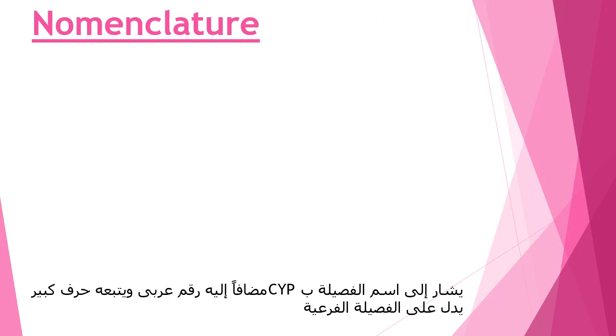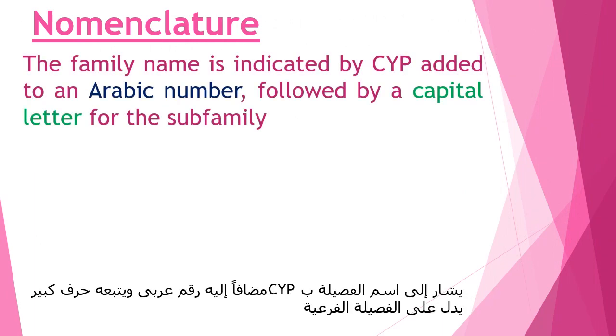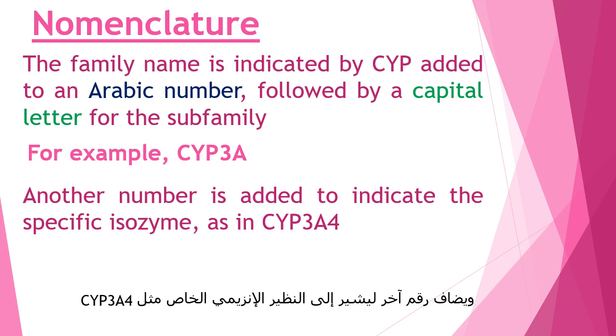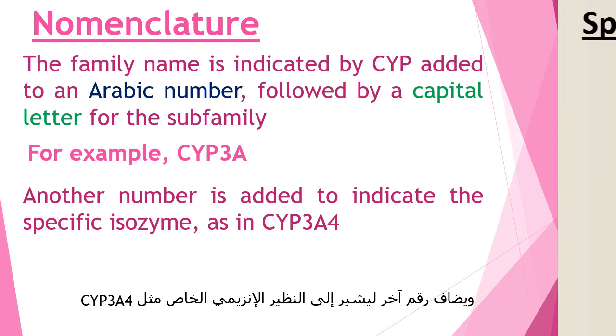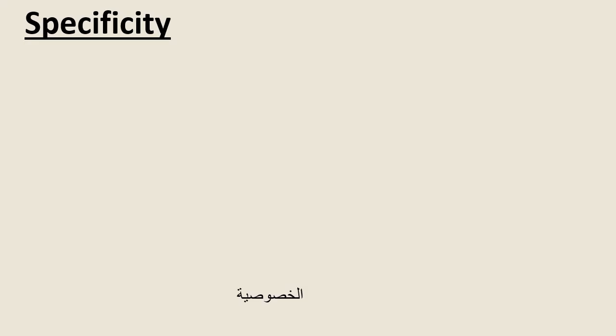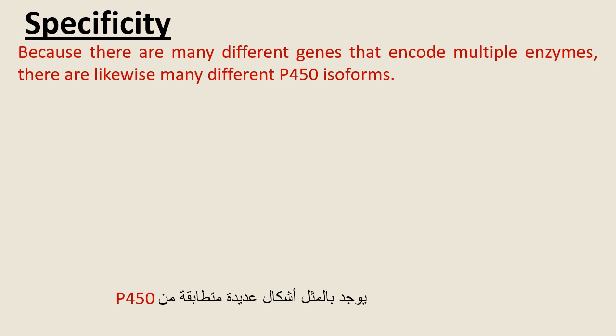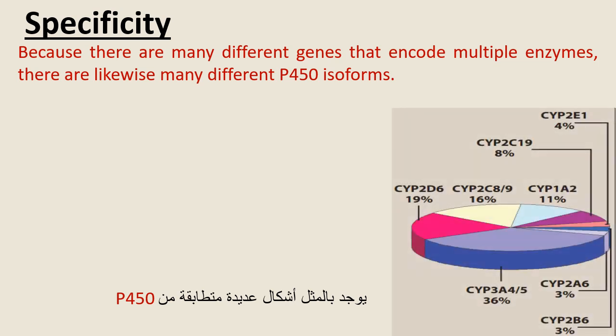Nomenclature. The family name is indicated by CYP added to an Arabic number, followed by a capital letter for the subfamily. For example, CYP3A. Another number is added to indicate the specific isozyme, as in CYP3A4. Specificity. Because there are many different genes that encode multiple enzymes, there are likewise many different P450 isoforms.